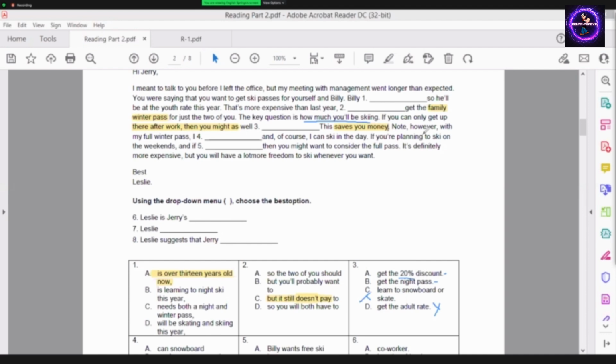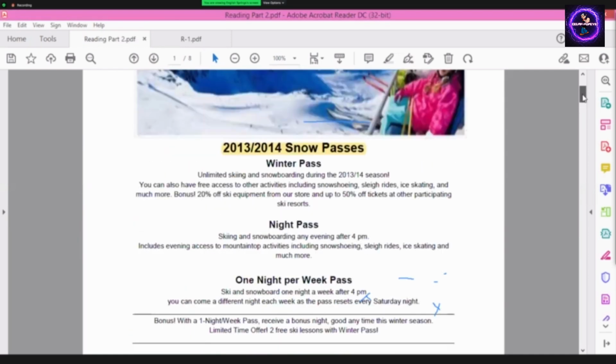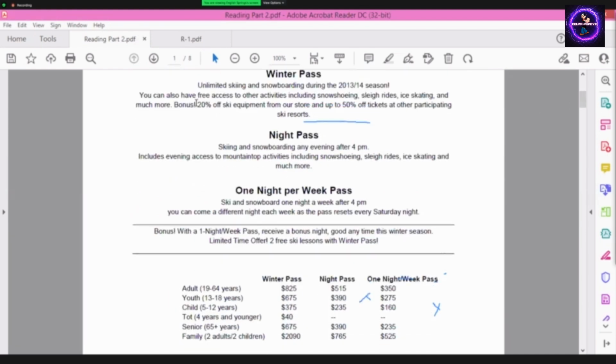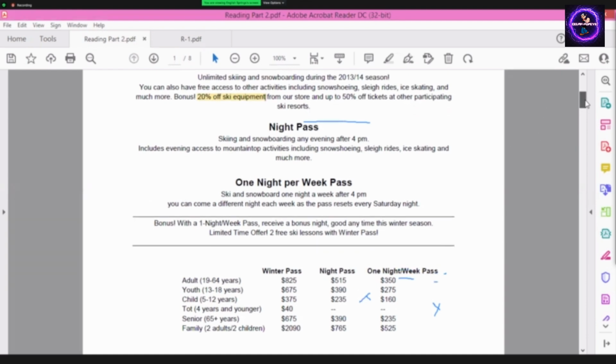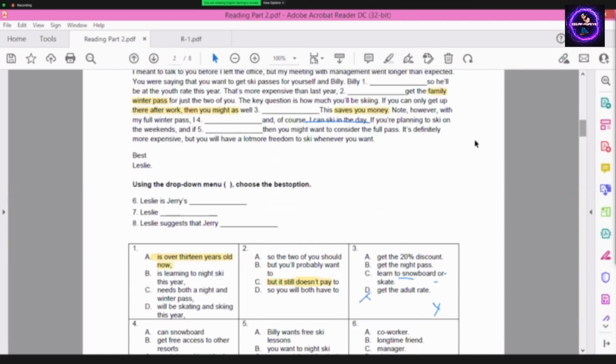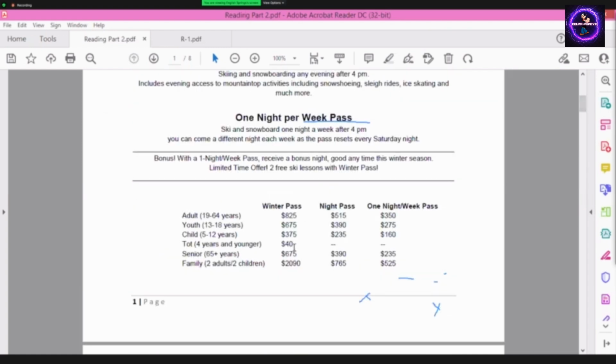If I scan the picture for the 20% discount, it says bonus 20% off ski equipment. It doesn't say anywhere that they need to buy equipment; they want to go skiing. So the 20% is not on the skiing. The only option that is correct is the night pass. Get there after work means evening. Night pass is the right option, and the money is slightly less compared to the winter pass, so that way also this saves you money.